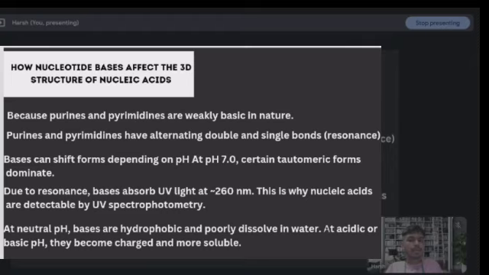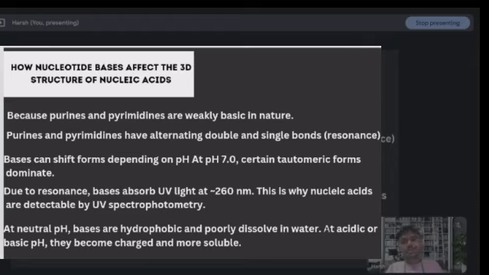Purines and pyrimidines have alternating double and single bonds, so they are going to show resonance, that is, partial charges. Then bases can shift form depending on pH. At pH 7, that is at neutral, certain tautomeric forms dominate. So because of tautomerism, there is an effect on the three-dimensional structure.